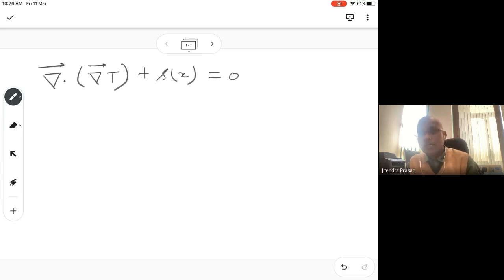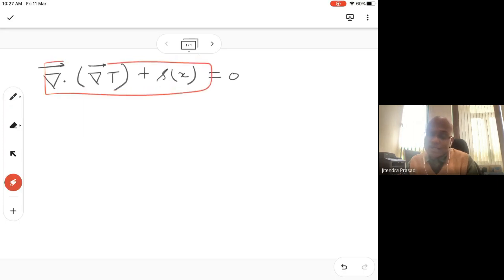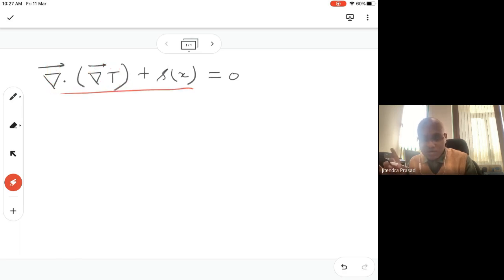Now you see that the whole thing is a scalar: this is a vector, but the dot product makes it a scalar. So it is a total scalar, only one equation.